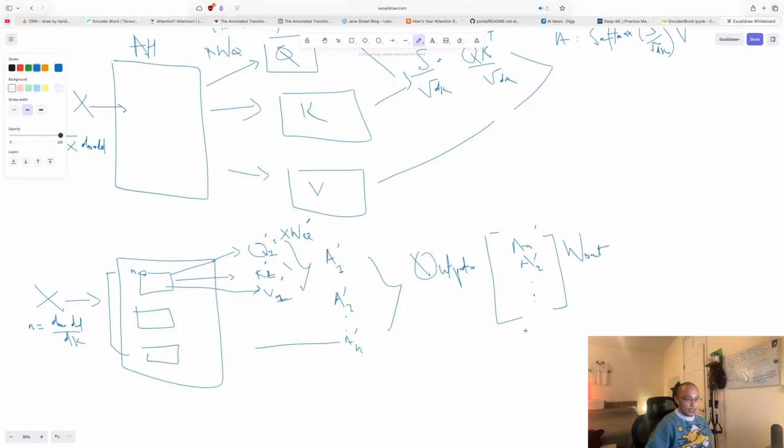So at this point, the dimension would be what? Token times dk. And W out would have to be like dk into d model.